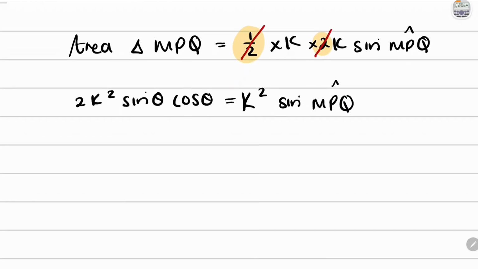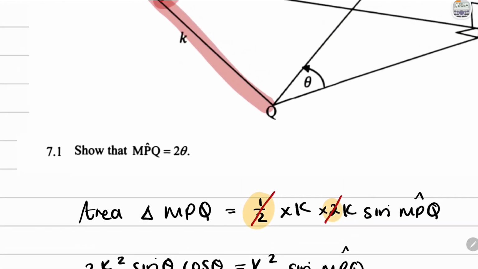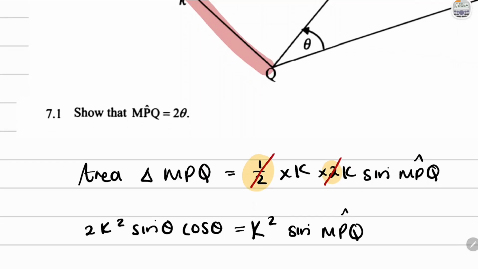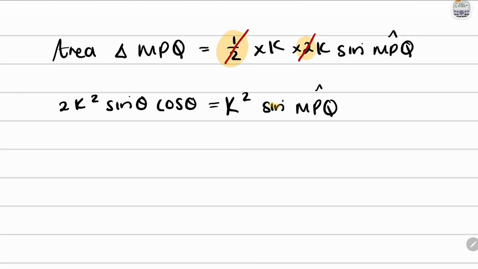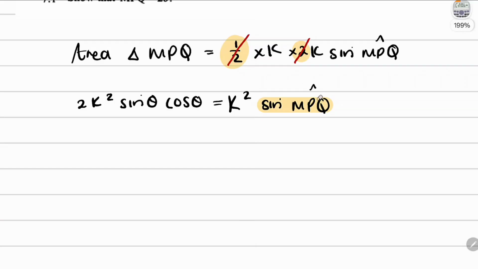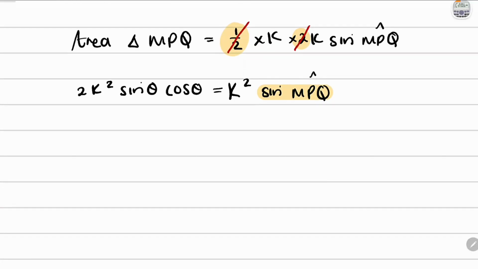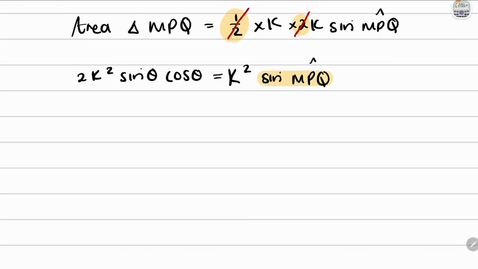Okay, so this is what we have, and we're trying to find this angle. Because we're trying to find this angle, we just have to make this the subject first of all. So if we can make that the subject of the equation, we can then go into finding that. So to make that the subject of the equation, we have to get rid of the k squared because it's the only thing in the way right now.